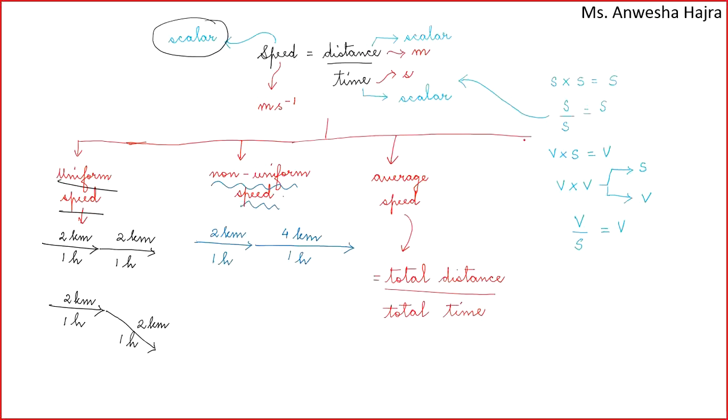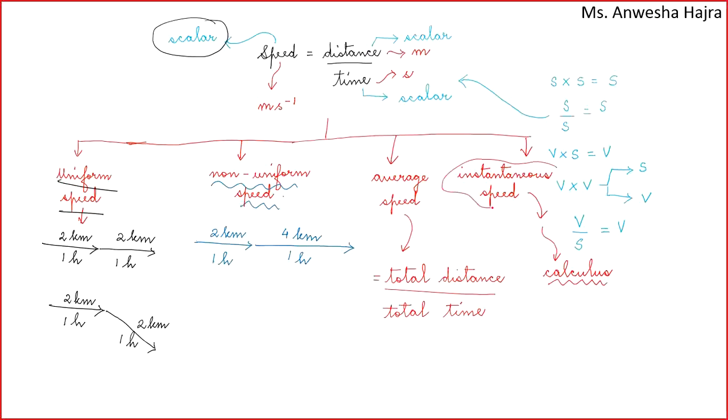Very often you might come across another term which is called instantaneous speed. This means speed is changing every moment. Now this can be calculated with the help of calculus, which you will be learning in class 11.